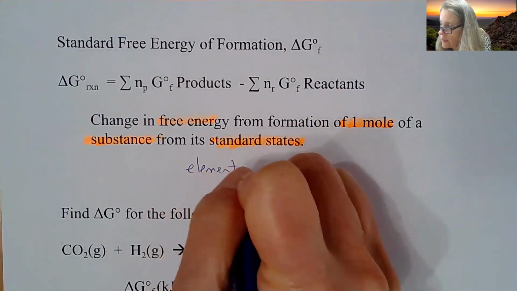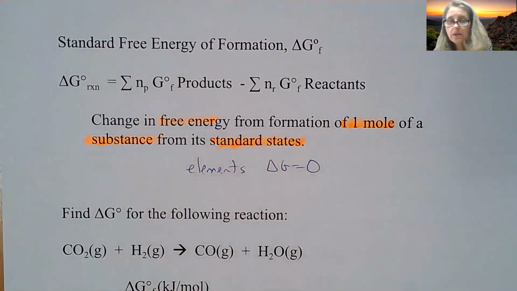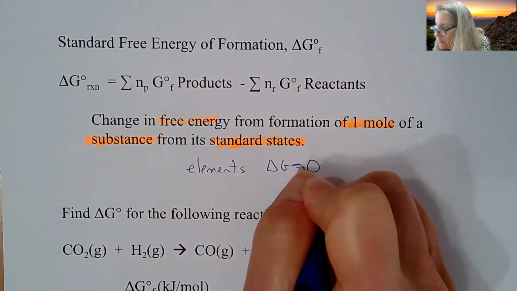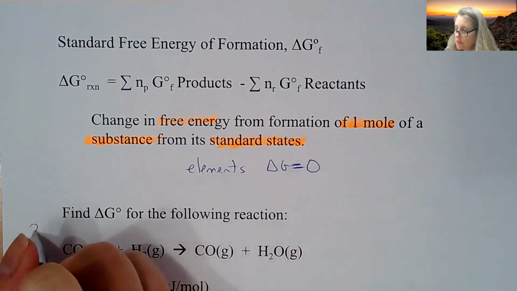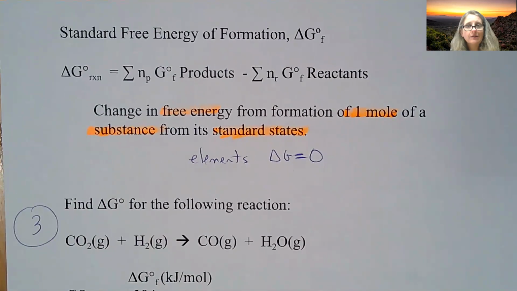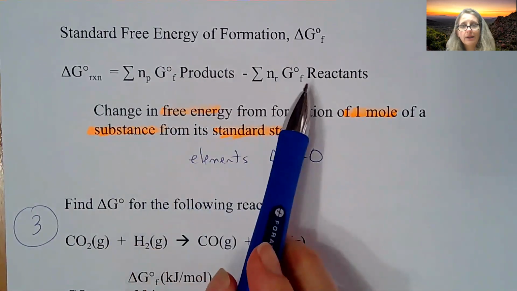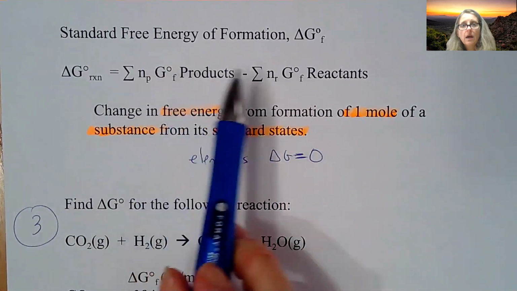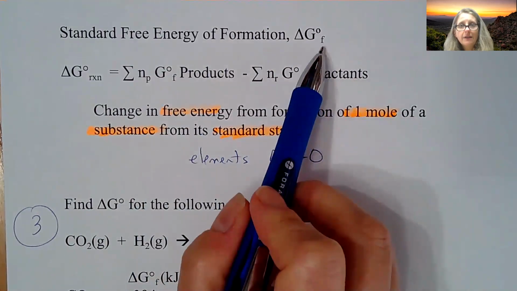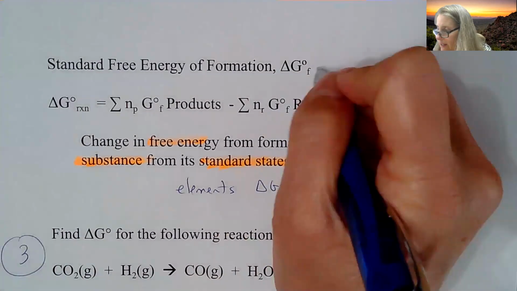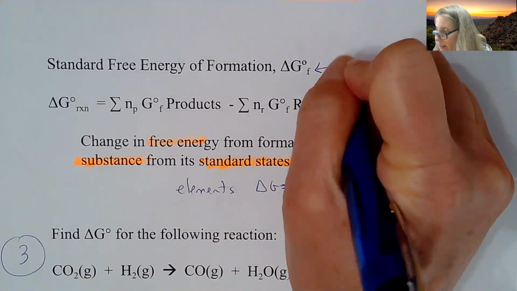So what that means is, elements, their delta G is equal to 0. Okay, so all elements, so it's only the forming of compounds that we're talking about, okay? So we can do a third way of finding a delta G is by taking the products minus the reactants and, again, the number of moles that you have. So the F here is the forming of the compound.